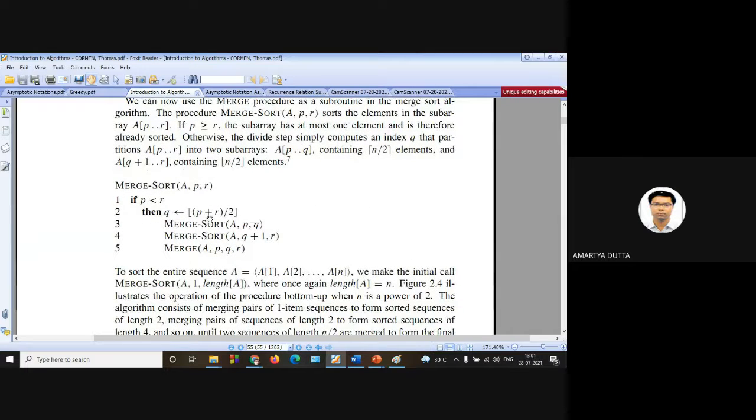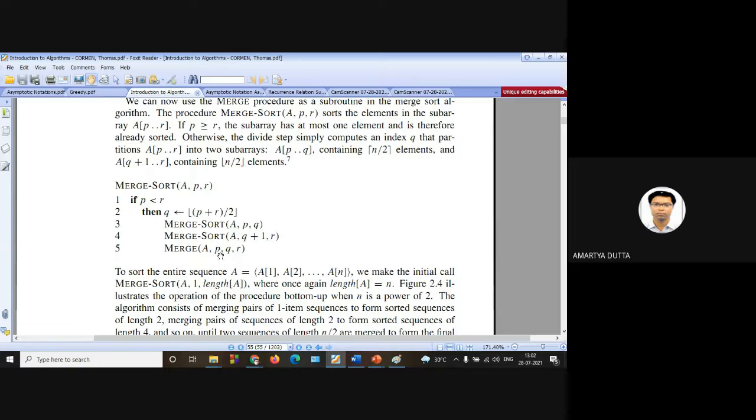Q is equal to (P plus R) divided by 2. Then again we have two parts, left subarray and right subarray. For the left subarray, the arguments are A, the array, the first index P, and the last index Q. For the right subarray, the first index will obviously be Q plus 1, and the last argument is R. Then we have to call the merge function.